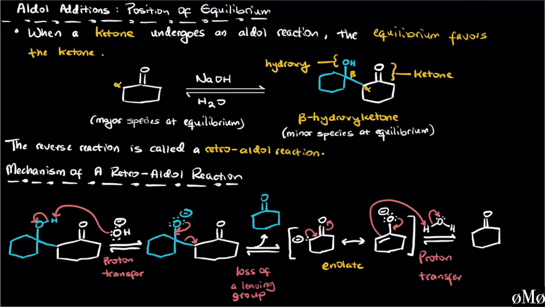So this direction is much more likely when you're dealing with a beta-hydroxy ketone in your flask. The retro-Aldol reaction is a more likely reaction than the actual aldol addition reaction.